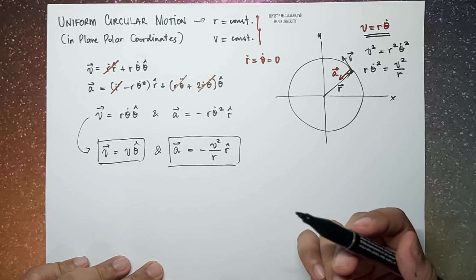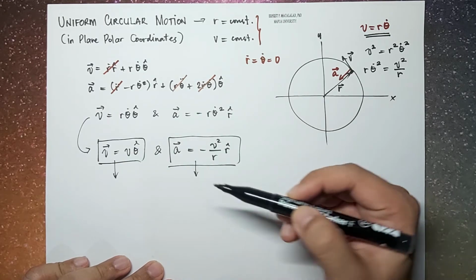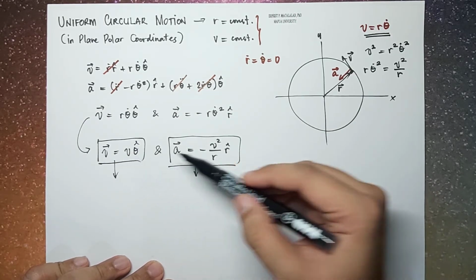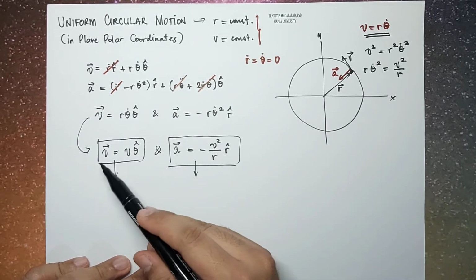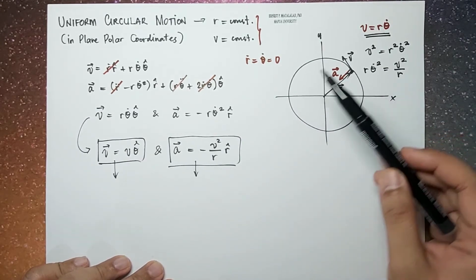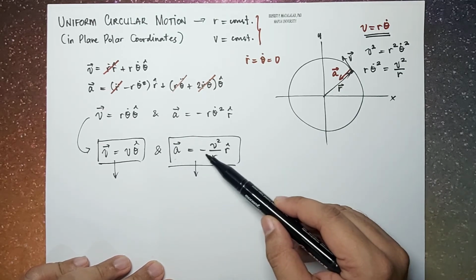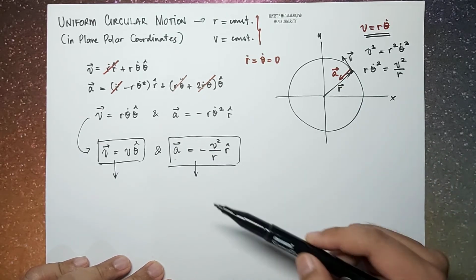You will notice that the velocity and acceleration are both constant in magnitude. The velocity is always perpendicular to r, and a is always opposite the direction of r hat.